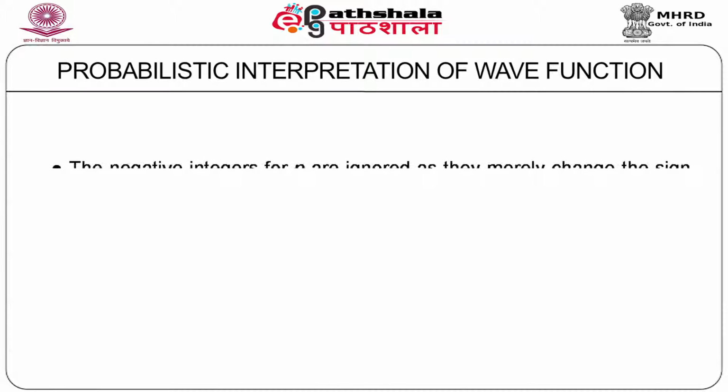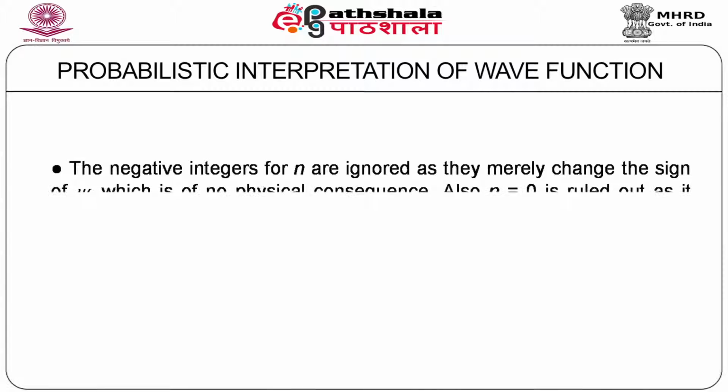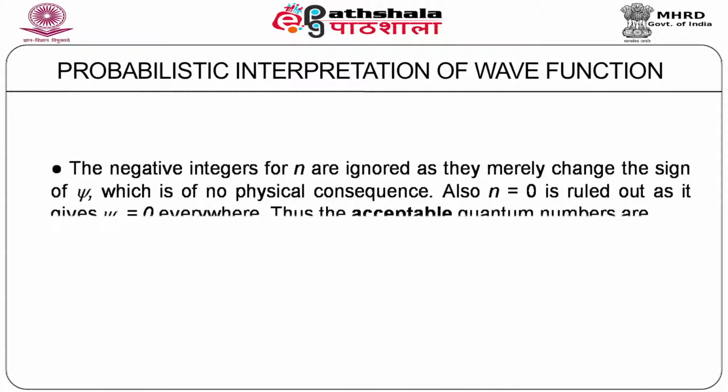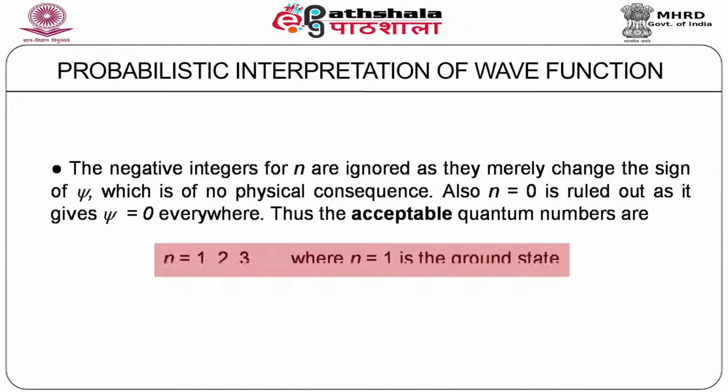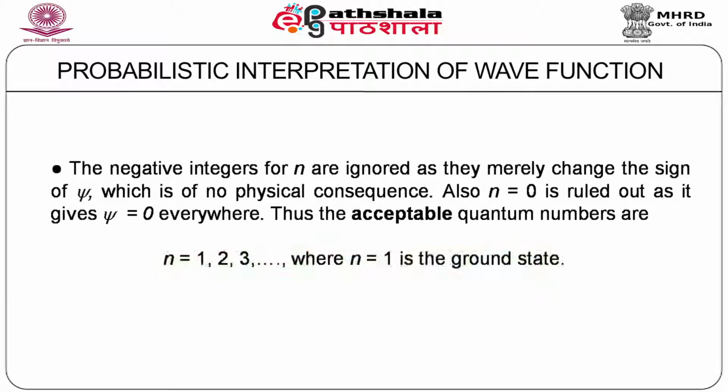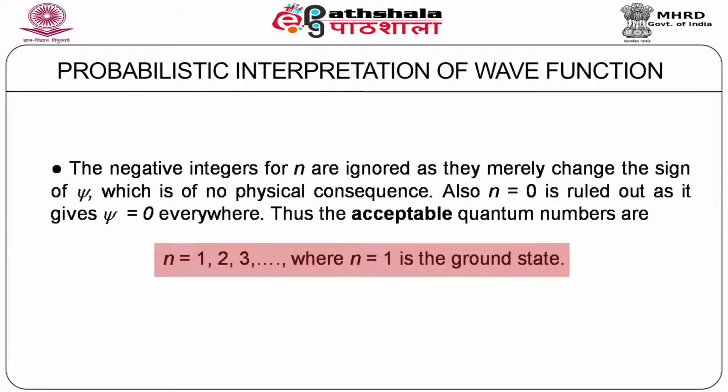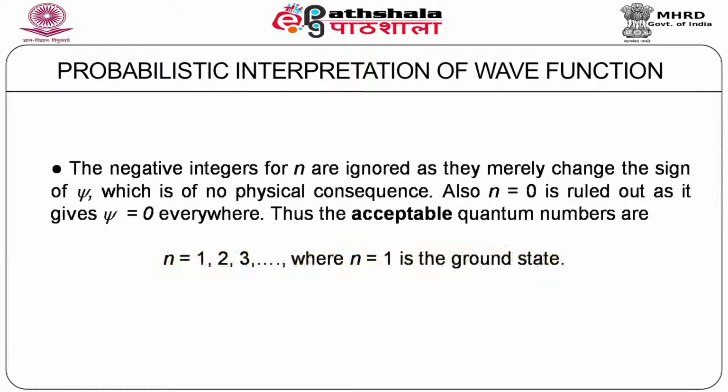The negative integers for n are ignored as they merely change the sign of the wave function psi, which is of no physical consequence. Also, n equal to 0 is ruled out as it gives psi equal to 0 everywhere. Thus, the acceptable quantum numbers are n equal to 1, 2, 3 and so on, where n equal to 1 describes the ground state of the electron. So, in short, n is a positive integer, 1, 2, 3 and so on.